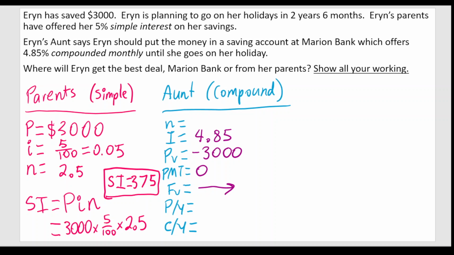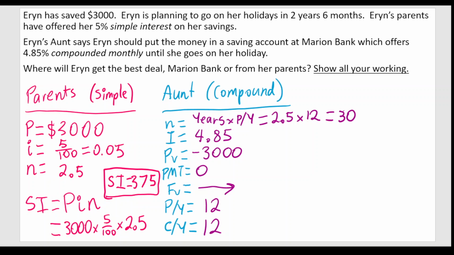It's compounded monthly, so the compound is 12, and if we don't know the PY, we just put that as 12 as well. The N value is going to be the years times PY, which is 2.5 times 12, which we're going to get 30 out of that.